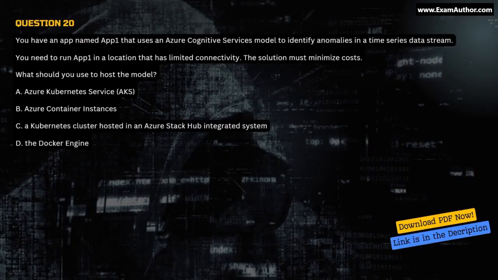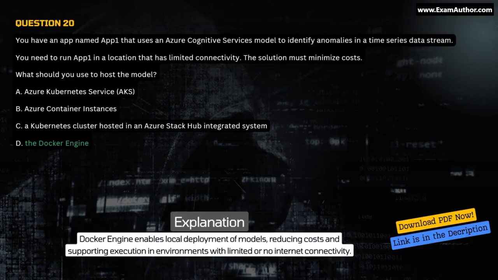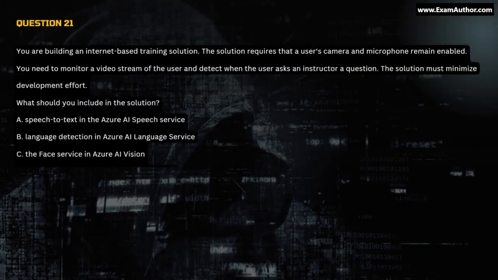C. A Kubernetes cluster hosted in an Azure Stack Hub integrated system. D. The Docker engine. Correct answer D. The Docker engine. Explanation. Docker engine enables local deployment of models, reducing costs and supporting execution in environments with limited or no internet connectivity.